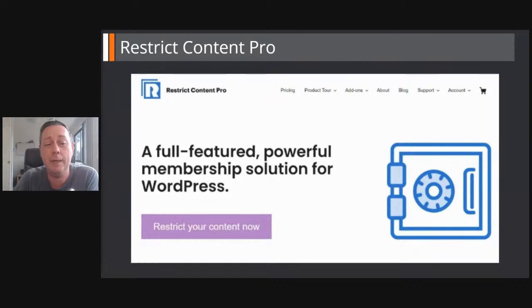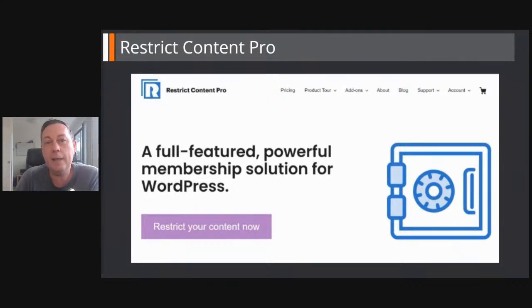Unfortunately, and this is probably one of my biggest cons for Restrict Content Pro, the Stripe payment gateway is a pro add-on, which means if you're looking to take payments from credit cards, your basic starting price is $249 per year, which is the middle tier with the add-ons.